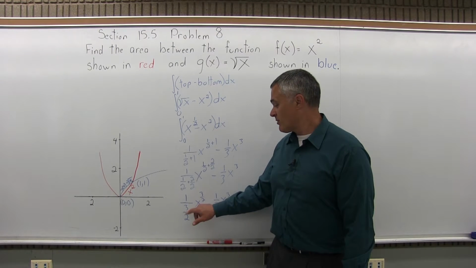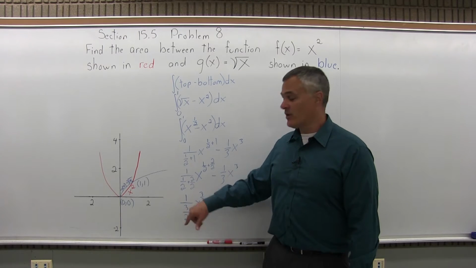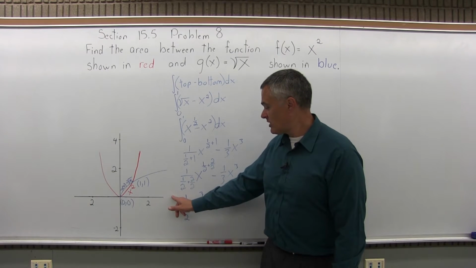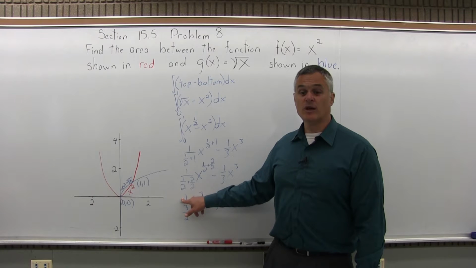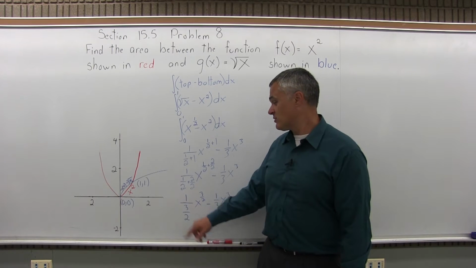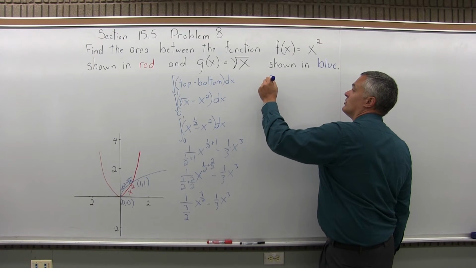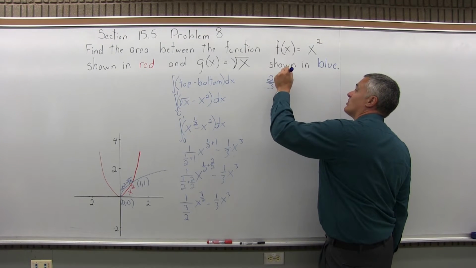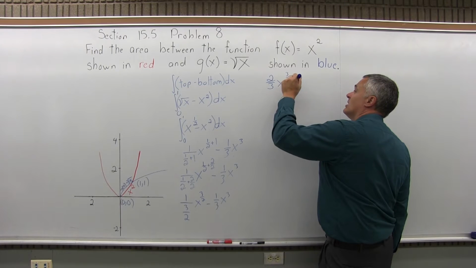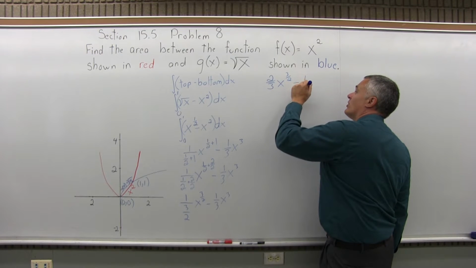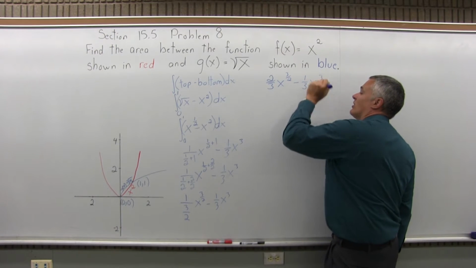So to clean that up, what I'm going to do is flip that or invert it. It'll come up as 2/3, get multiplied times the numerator, so times 1. 2/3 times 1 is 2/3. So the solution for my integral will be 2/3 x to the 3/2 minus 1/3 x to the 3rd.